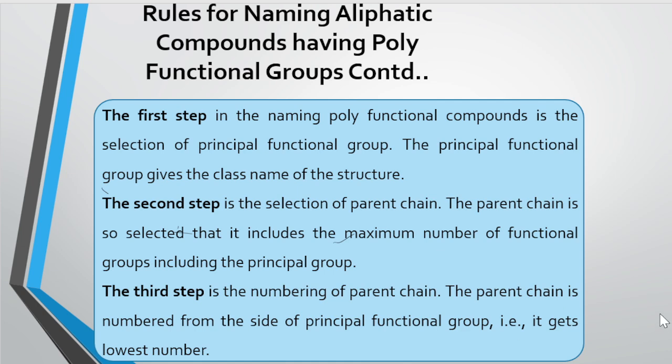The parent chain is so selected that it includes the maximum number of functional groups including the principal group. Definitely whenever there is a chance of including all the functional groups, we need to try our best to select the parent chain. And the third step is numbering. The parent chain is numbered so that the main functional group must get the lowest number.